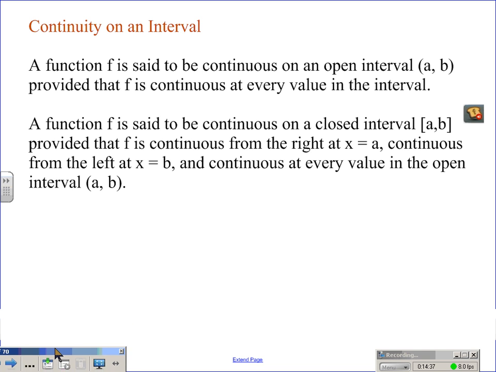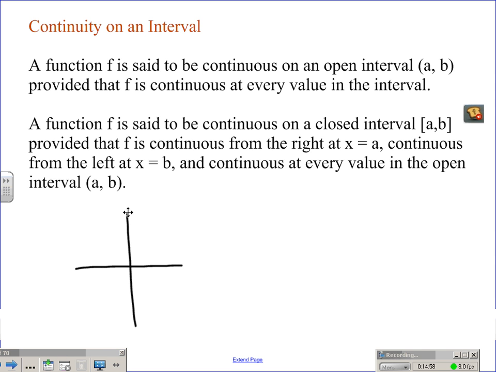So now for continuity on an interval, a function is going to be continuous on an open interval AB if the function is continuous at every value in the interval. And a function is said to be continuous on a closed interval AB provided that it's continuous from the right at x equals A and continuous from the left at x equals B. So, and that's for every value.